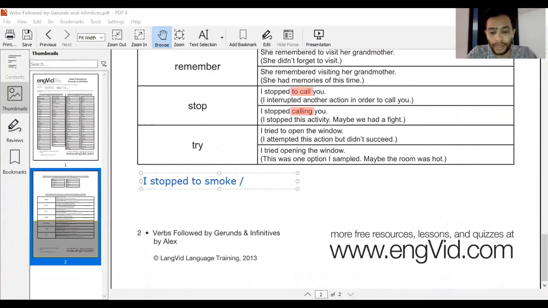Now, with the ing version, I got the following. I stopped smoking. Como yo fumo mucho, as I smoke a lot, right?